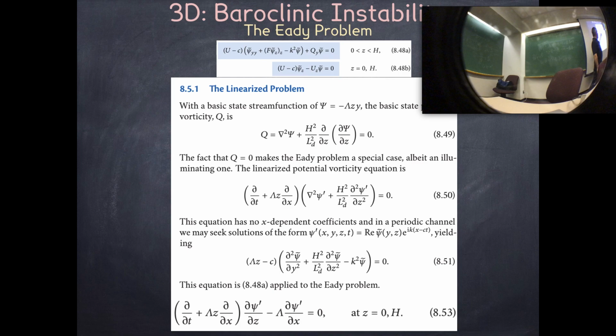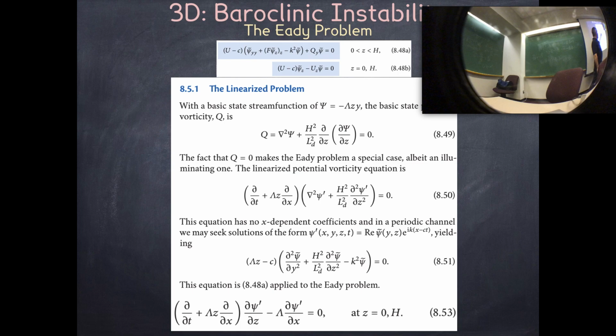And this one is zero. Why? The vertical gradient of velocity is constant. Yes, the vertical gradient. There is a linear part, but there's not a second derivative because everything is just linear or constant. Okay, so the fact that q equals zero makes the Eady problem a special case. Okay, fine.